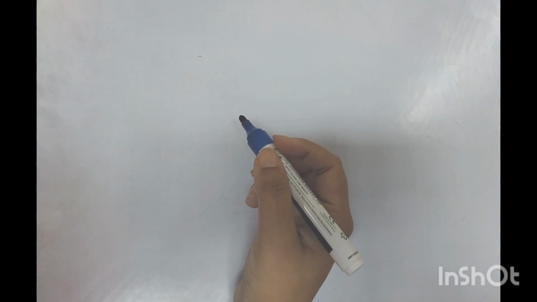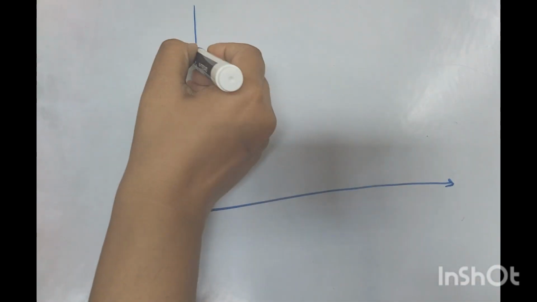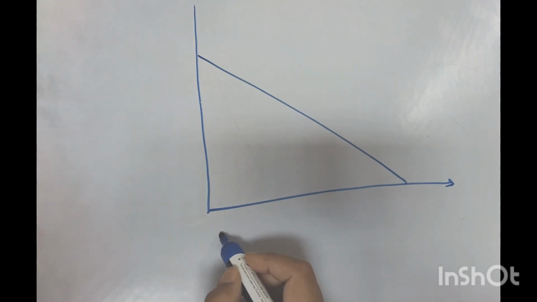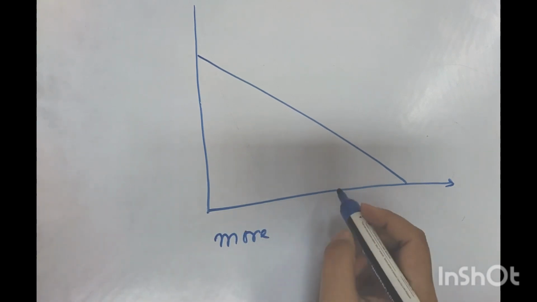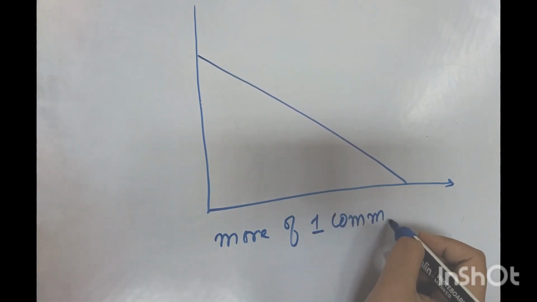Next, we can see that the budget line is negatively sloped. Why is it negatively sloped? If the consumer wants to purchase more of one commodity, then what does he have to do?